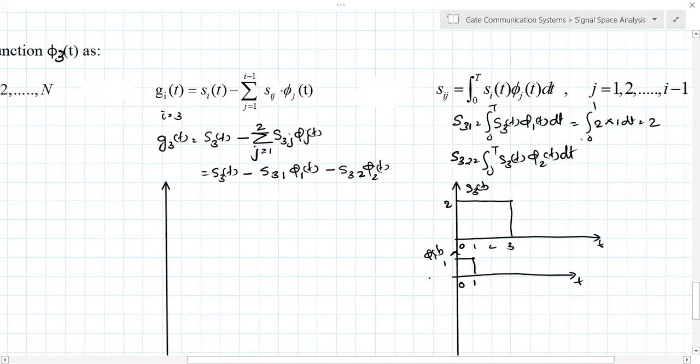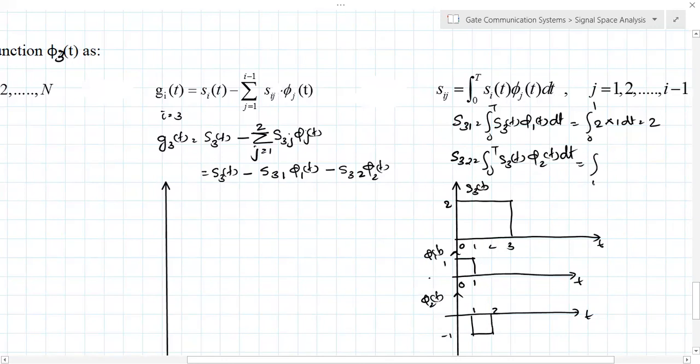Okay, and now we need to evaluate s32. s32 we can evaluate from s3 of t into phi 2 of t. So we require phi 2 of t. Phi 2 of t actually exists from 1 to 2, and its amplitude is minus 1. So this is phi 2 of t. Now we need to multiply this s3 of t and phi 2 of t.